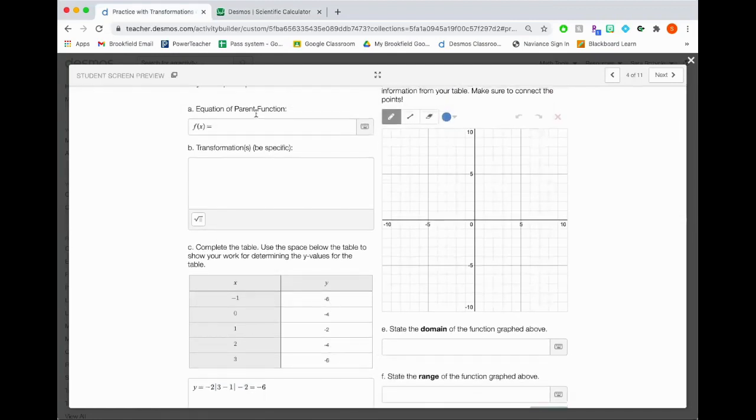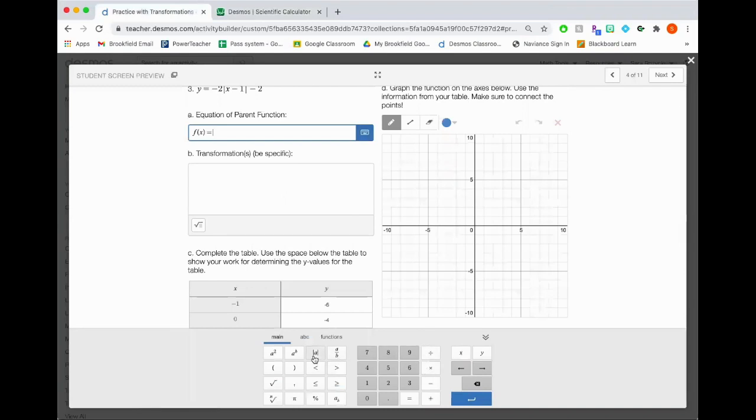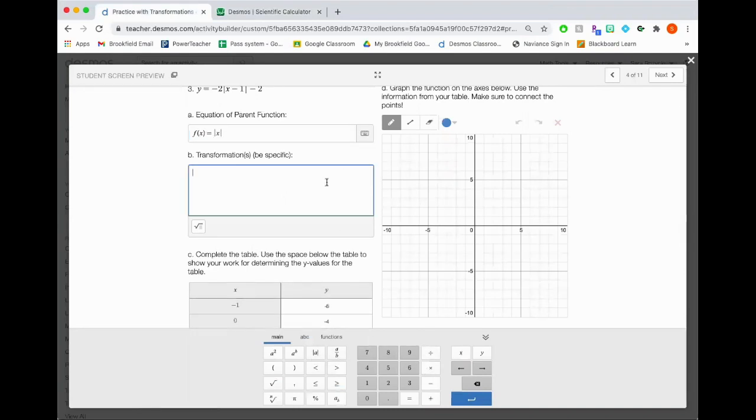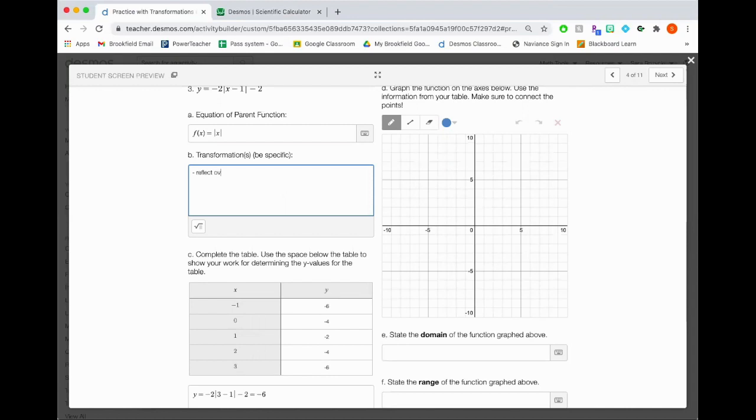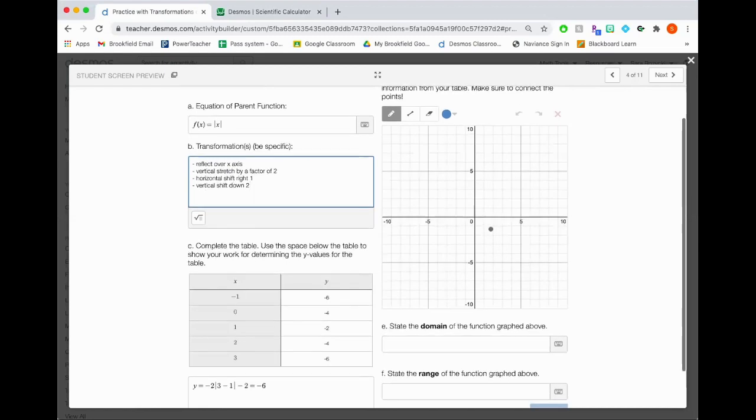So now I'm going to plot these points. It's bothering me that this is not filled in. So now I'm going to graph my points.